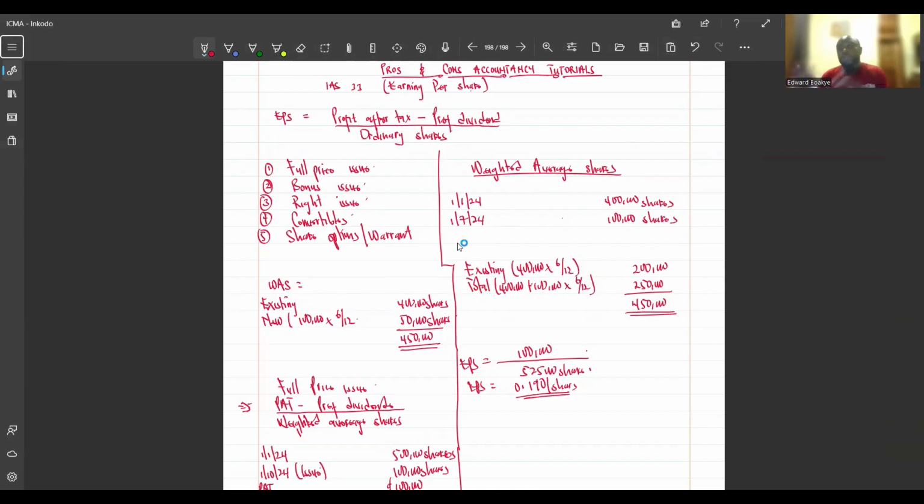We just don't want to be putting everything together, but deal with it one by one so that we'll be able to understand and also get it very well when we are trying to revise. Subsequent videos, we will deal with the bonus issue. Then we continue with rights, convertible, and then the share option.